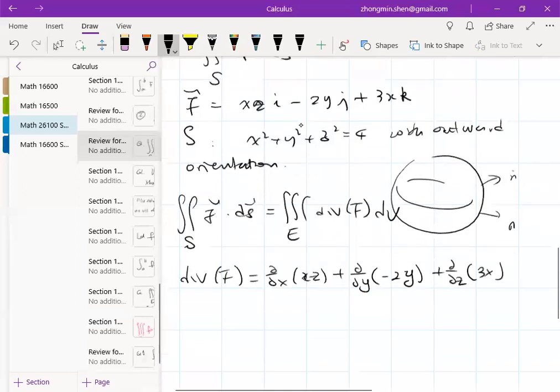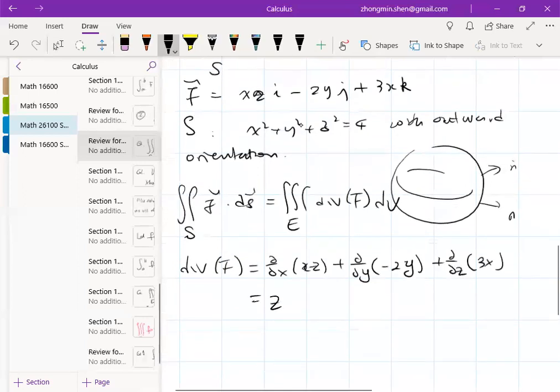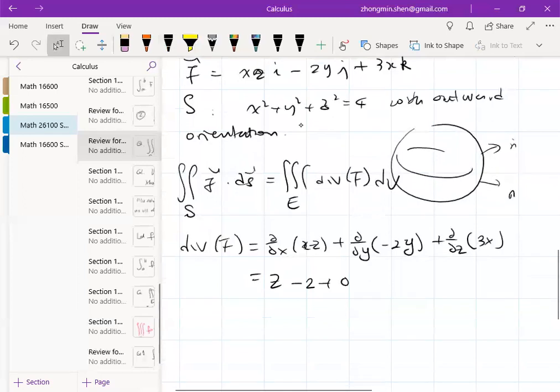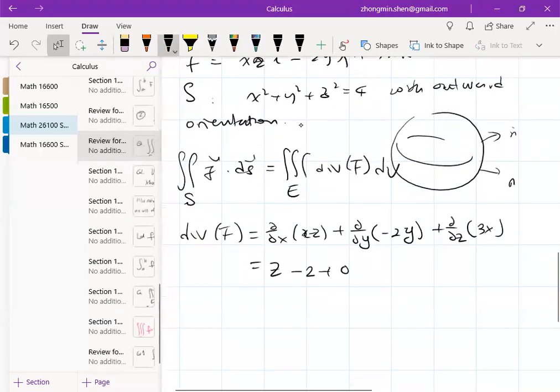So it's z minus 2 plus 0. Now this surface integral is going to be the triple integral of z minus 2 dV.